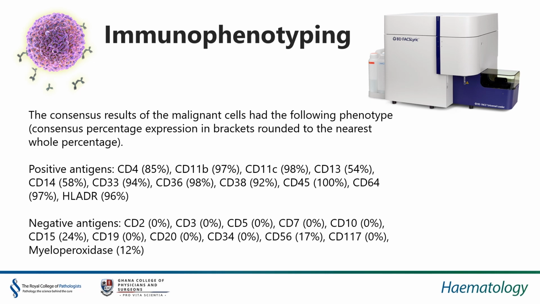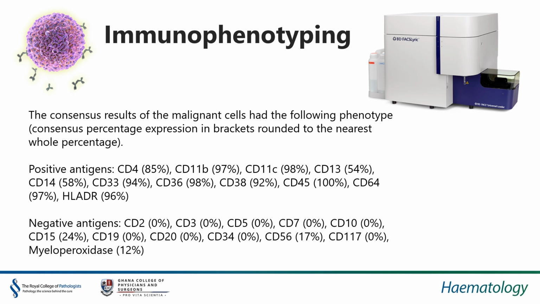Most importantly, the negative antigens are CD2, 3, 5, 7, and 10, so obviously looking at some of our T cells there, CD19, 20, negative for CD34, our stem cell factor, our immaturity marker, negative for 56. These cells are also negative for CD117 and also negative for myeloperoxidase.